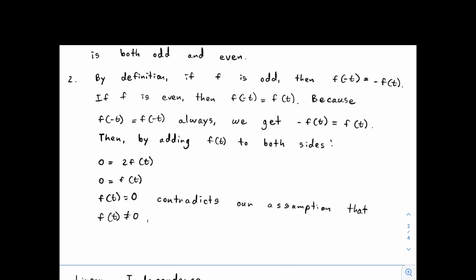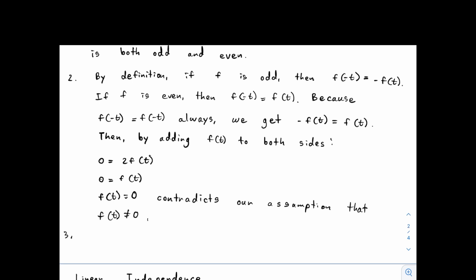And so step 3 is we can conclude that if f of t doesn't equal 0, it cannot be both odd and even.